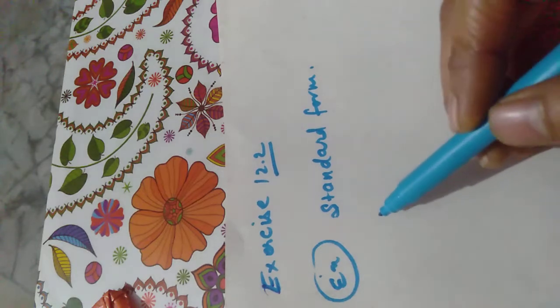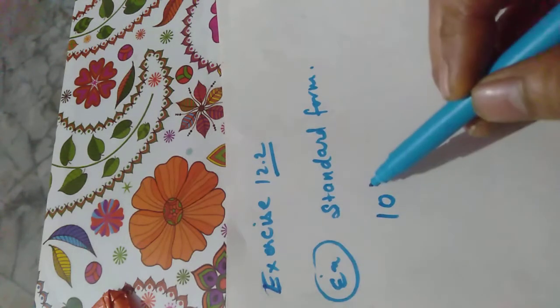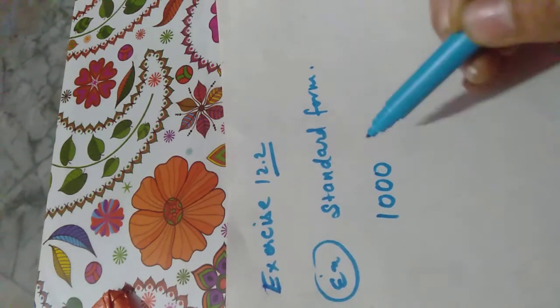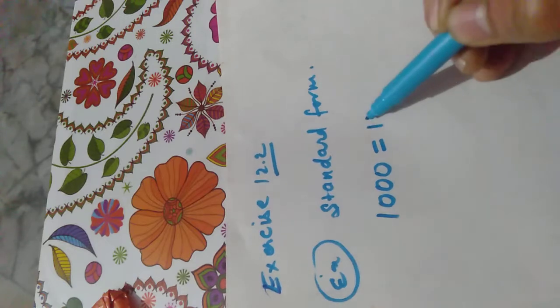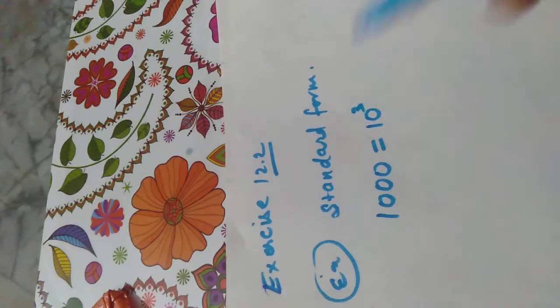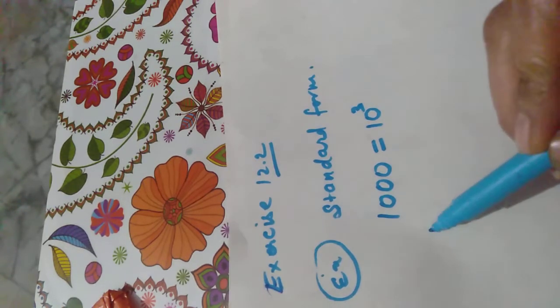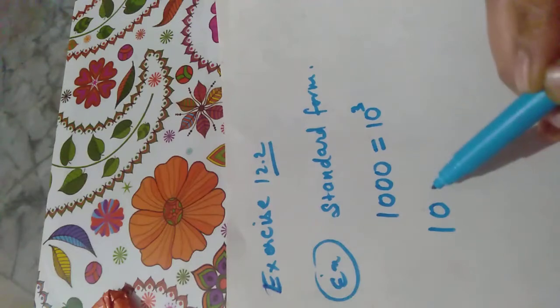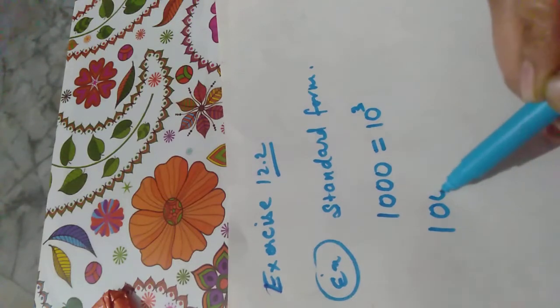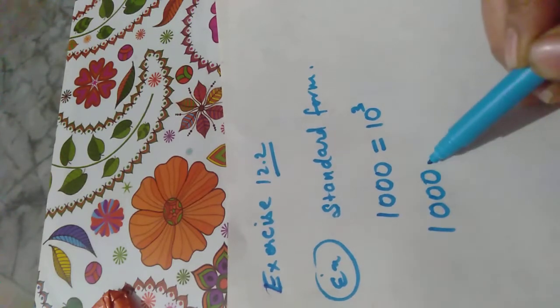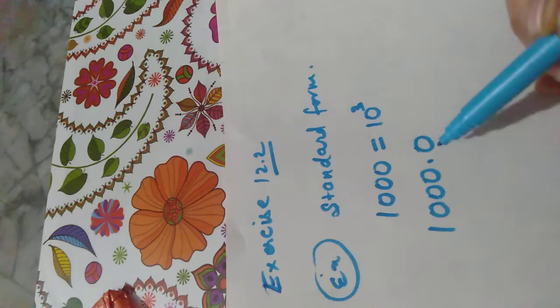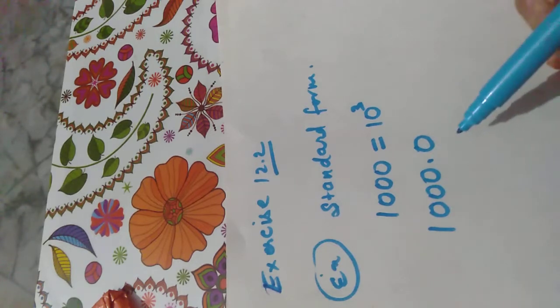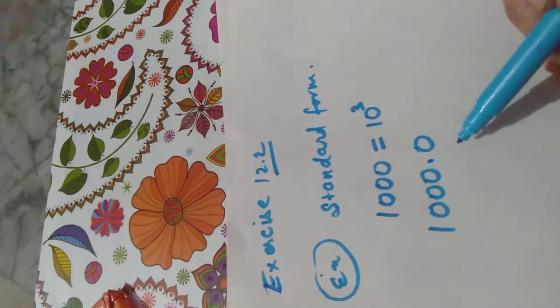Now let us see some examples. I have told you that we can write, suppose this number 1000 is there, 1000 we can write as 10 to the power 3. Now understand the same thing. 1000 can be written as 1000.0 in the decimal notation.